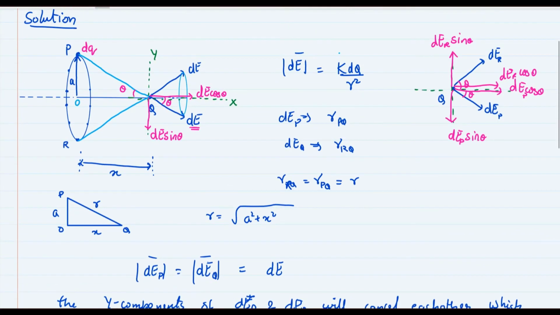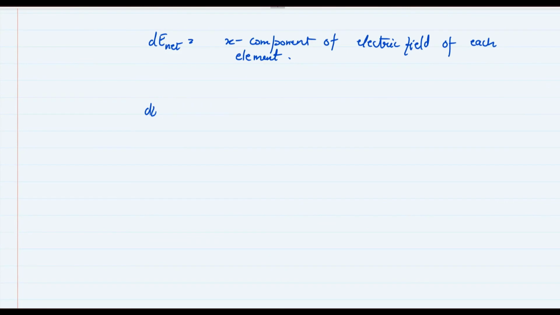This is what we have understood so far. So dE net will be equal to dE cos theta.